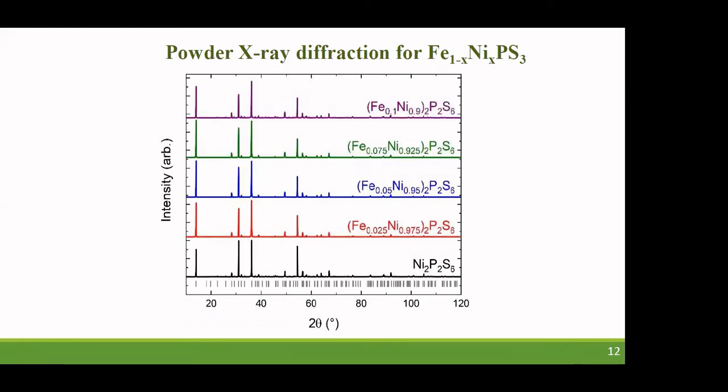Okay. Here you can see the results after powder X-ray diffraction for samples of iron, nickel, phosphor, sulfur 3 with different amounts of iron, and for the sample of pure nickel. And the gray line is the result that we took from the ICSD crystal database for comparison.